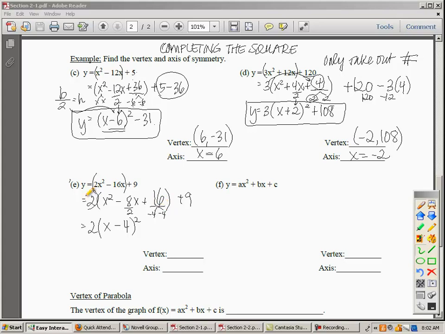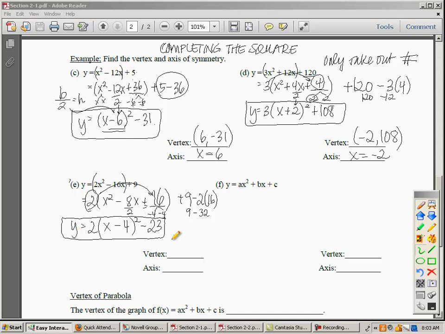Don't forget though, this 2's in front. 2 times 16 got added. So we're going to subtract 2 times 16. And basically 9 minus 32 is negative 23. So here's the equation of my quadratic in standard form.